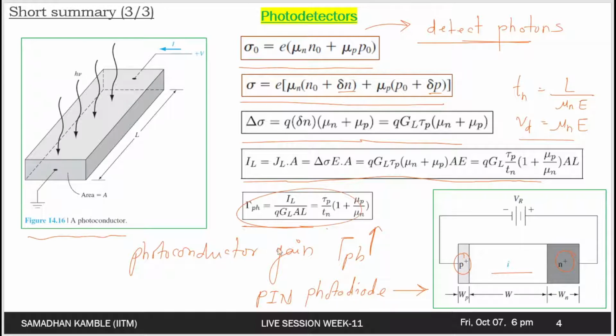If a reverse bias is applied to the PIN diode, the space charge region extends completely throughout the intrinsic region, and we get a very nice sensitivity. Okay, so this ends my summary of this week's content, and we should now begin with the assignment problems.